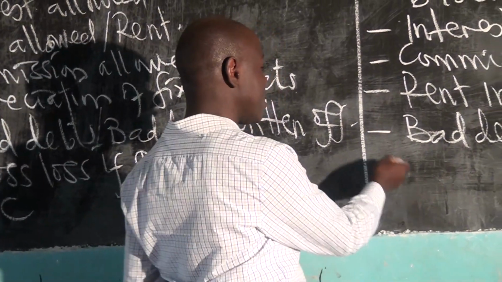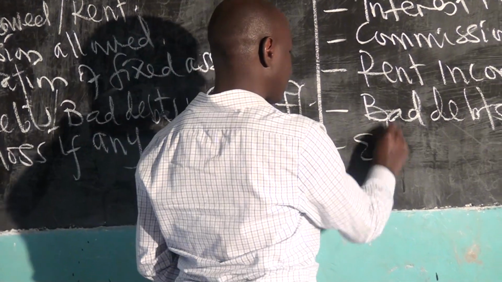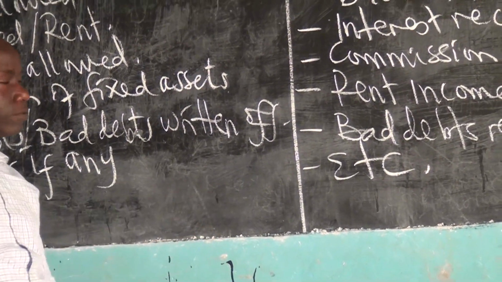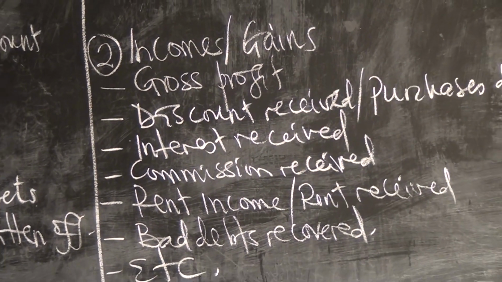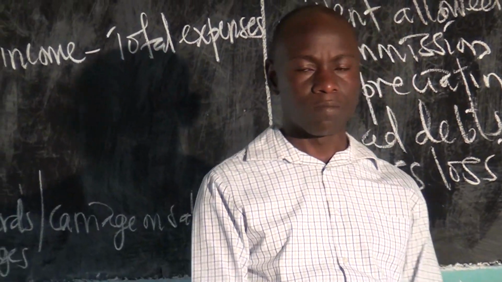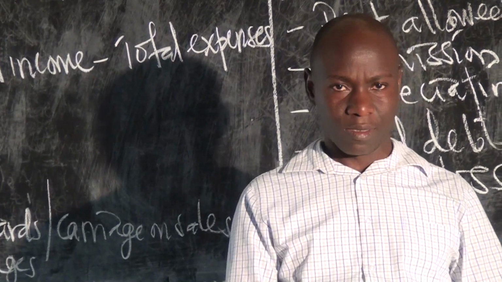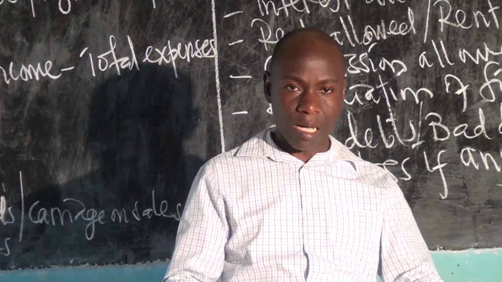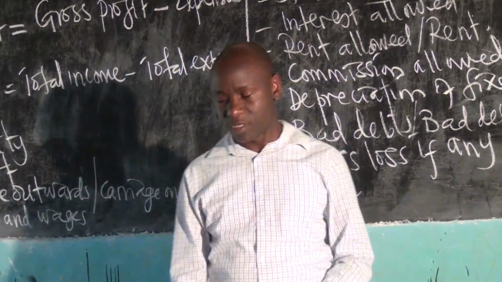So that is another income to the business, a supplementary income, and so many others. Those are just a few examples of incomes, stroke gains, to the business. So basically, when we are preparing the profit and loss account, we use expenses and incomes. Now we want to see how we use the expenses and incomes to prepare the profit and loss account.